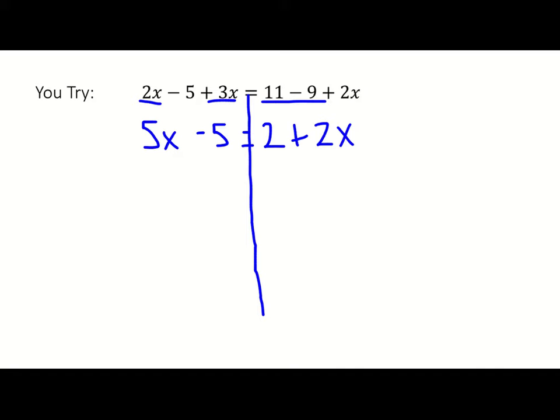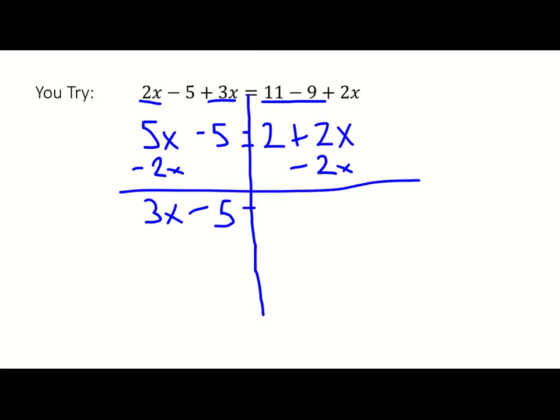Now that I've combined my like terms, I can start moving my variables to one side of the equation. I'm going to subtract 2x from both the left and the right side of the equation. 5x minus 2x is 3x. And on the right, the 2x's cancel, so that's just 2.